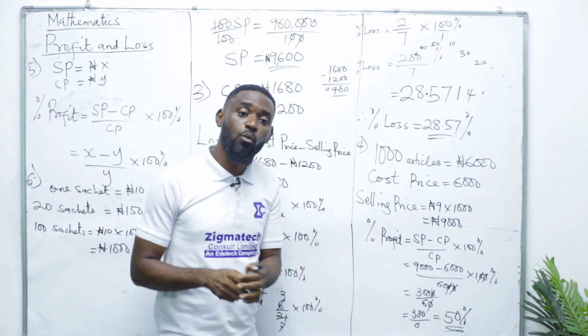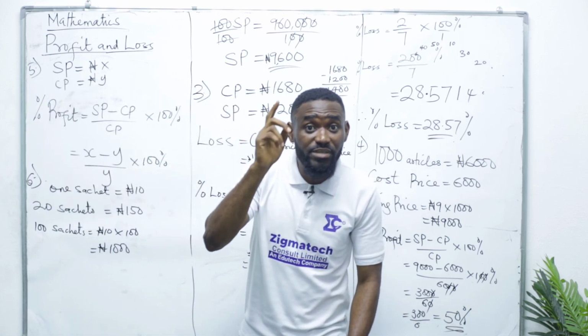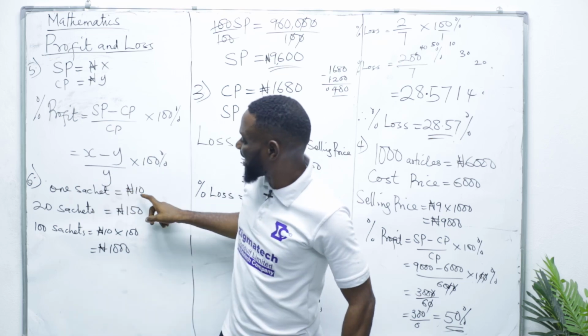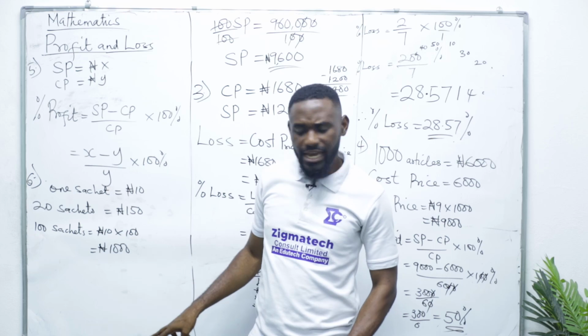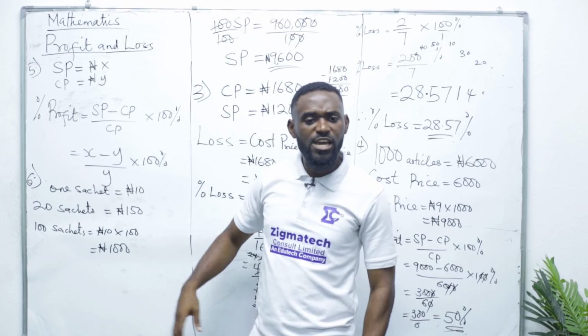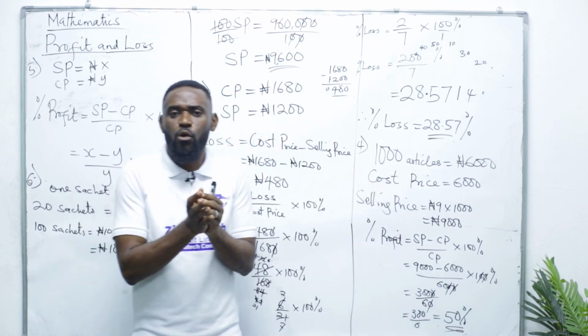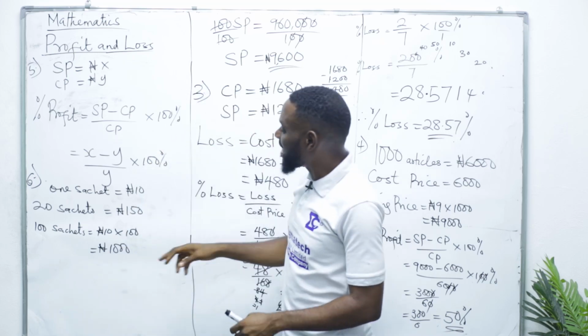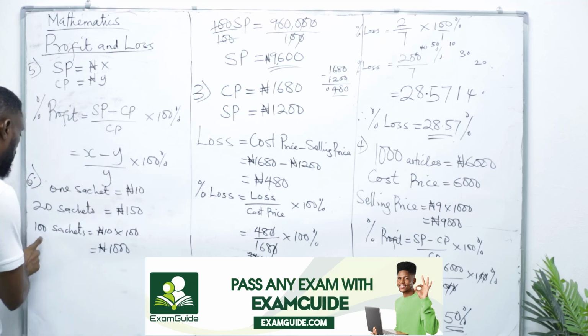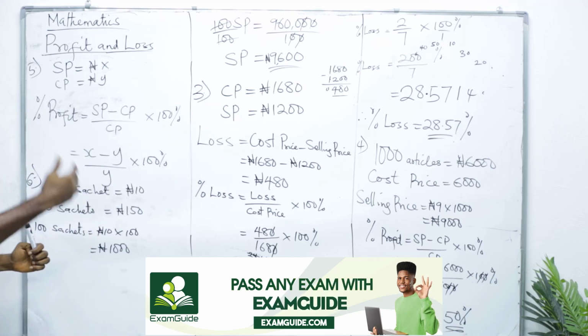It means that what that 1,000 naira would have originally been, if the person was selling at 10 naira, is 1,000 naira. But this person says, okay, out of this 1,000, if you buy 20 at once, I'll give you for 150. Do you understand? So how many 20s will we find in that 100 sachets?